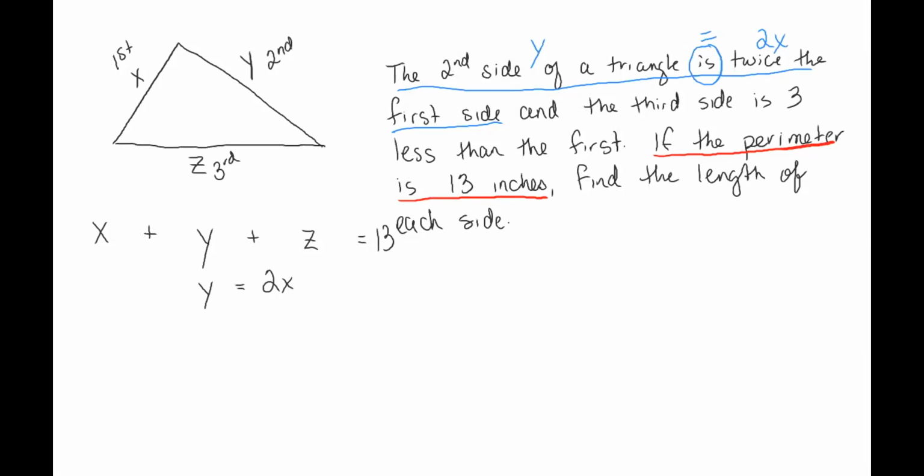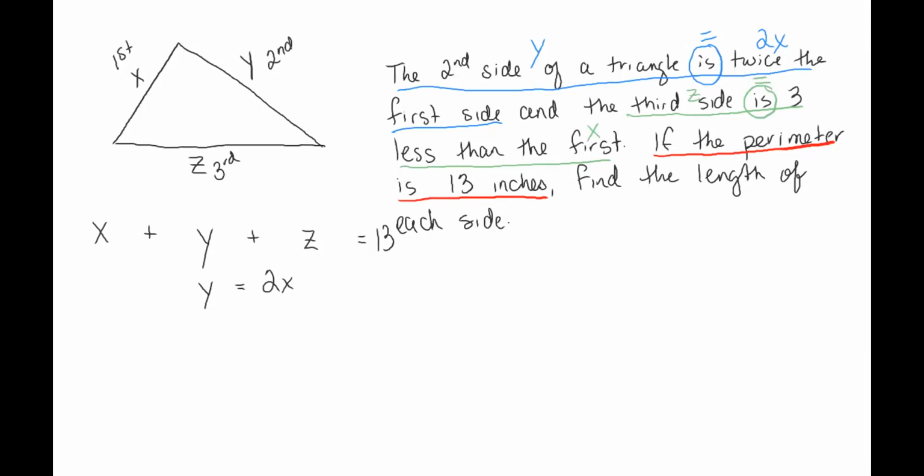The third side, let's switch colors. We'll go to green. The third side is 3 less than the first. So the third side, we called that z. We said "is" says equals. And how do I do 3 less than the first? 3 less than x.